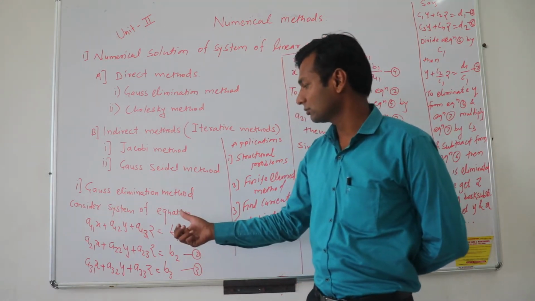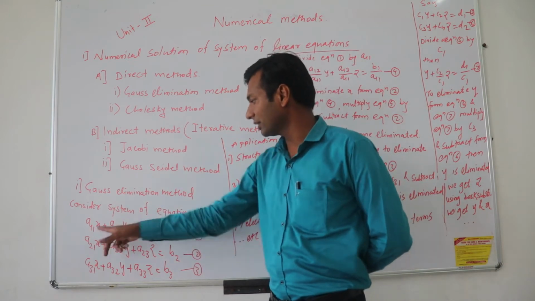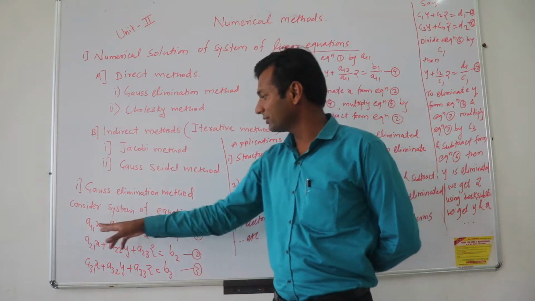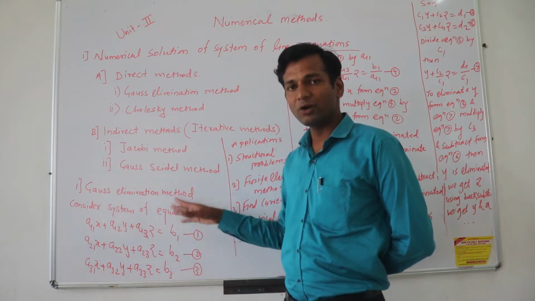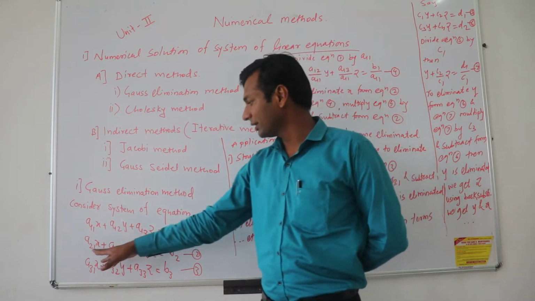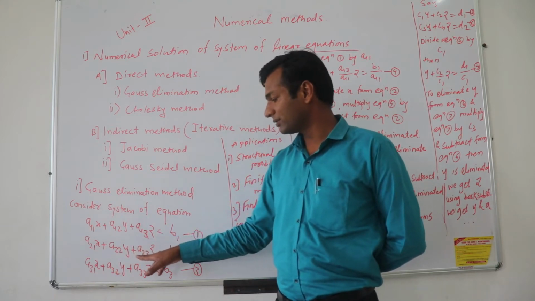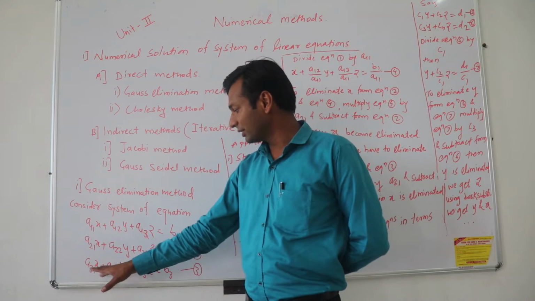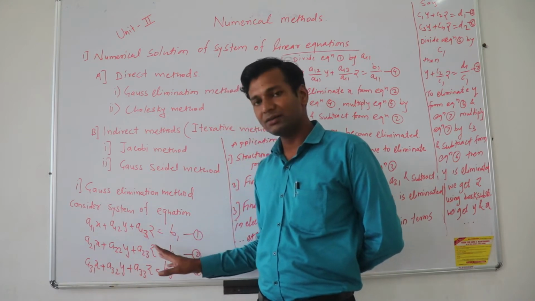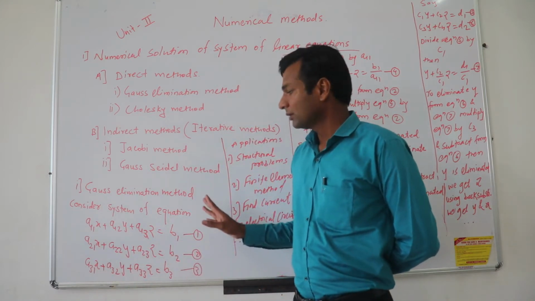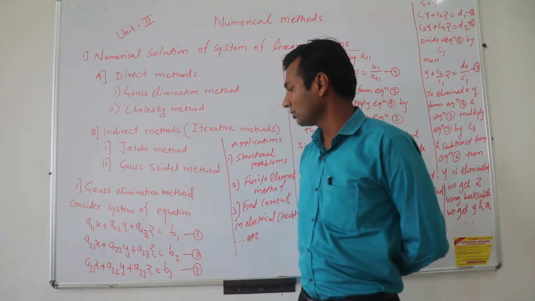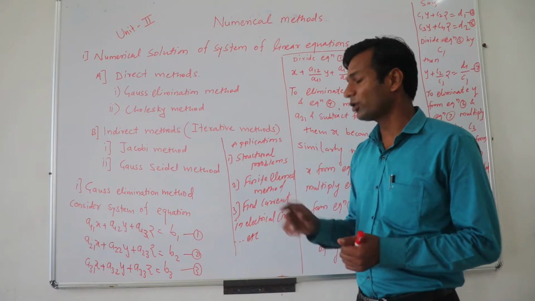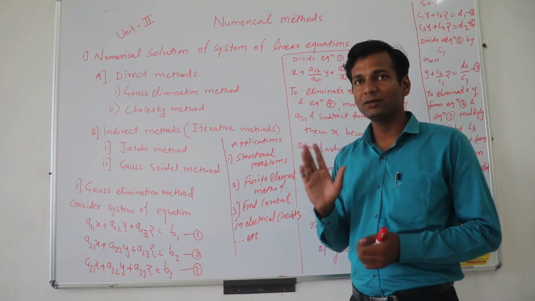These are a11x plus a12y plus a13z is equal to b1, where a11, a12, a13, b1 are all constants. Similarly, a21x plus a22y plus a23z is equal to b2, and the third one is a31x plus a32y plus a33z is equal to b3. These are the three equations.